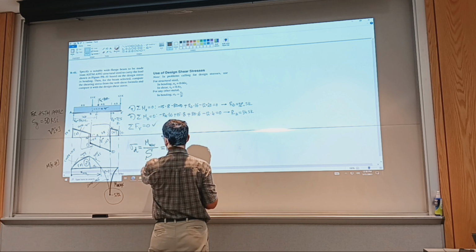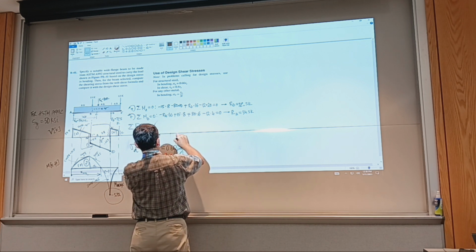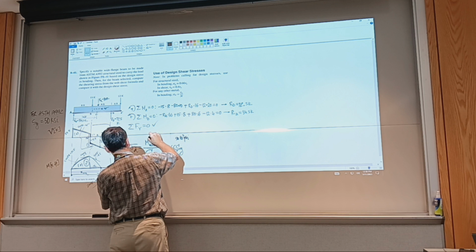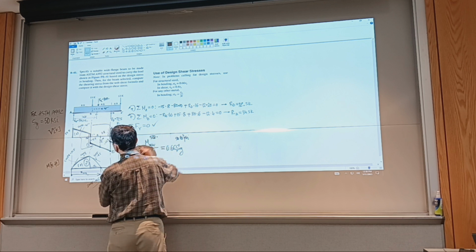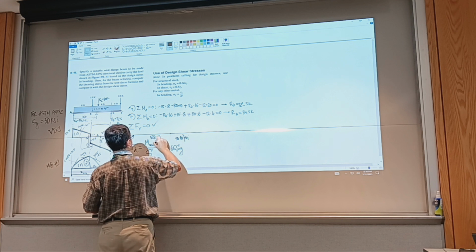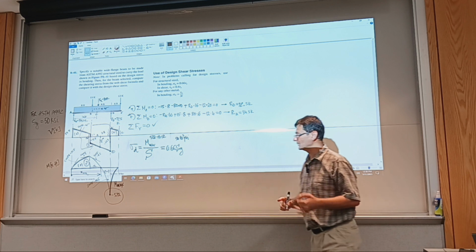So we can populate this equation. Again, this is 50 times 10 to the power 3 psi, and the moment is 572 times 10 to the 3, to make it pounds, times 12 to make it inches. So work in inches and pounds.